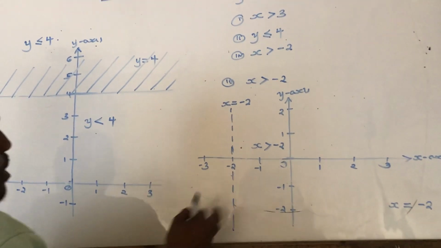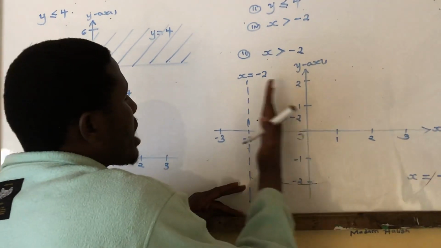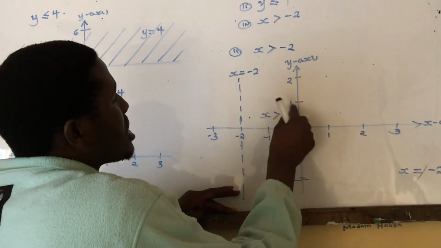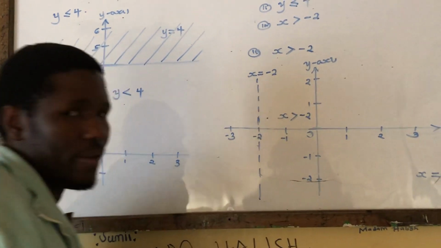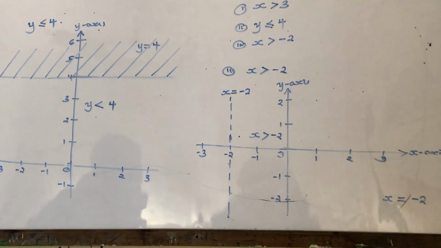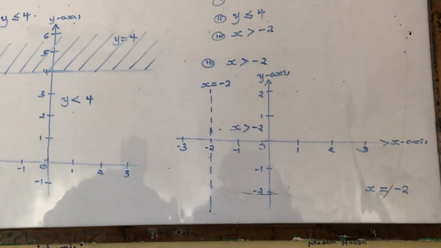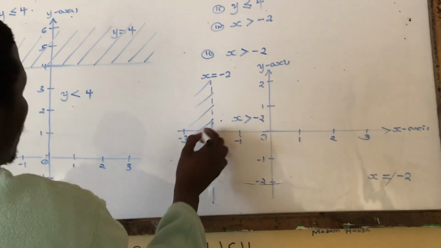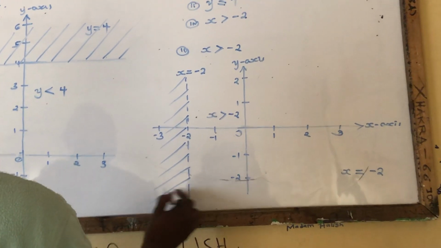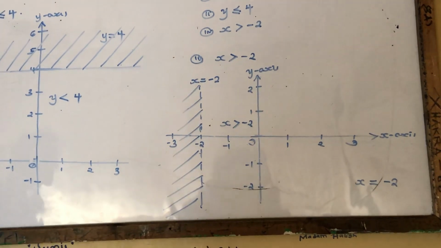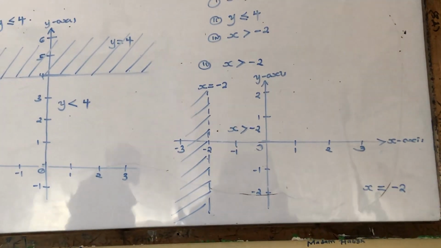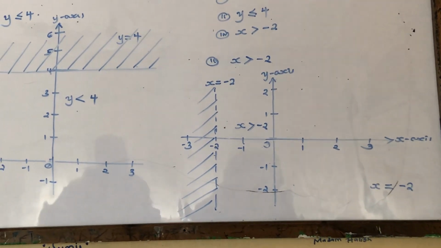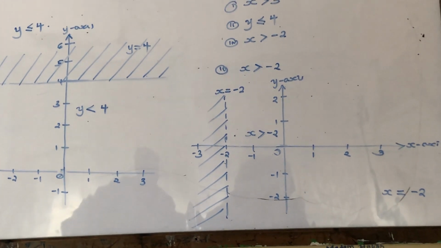So this region becomes the region that satisfies our inequality. Therefore, the other side is called the unwanted region. That is how to graph inequalities carrying one variable.